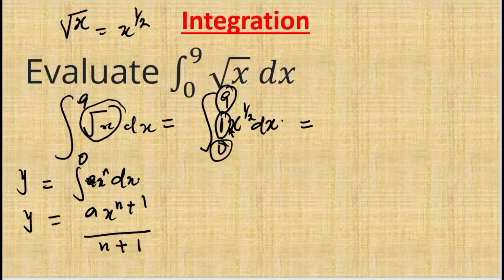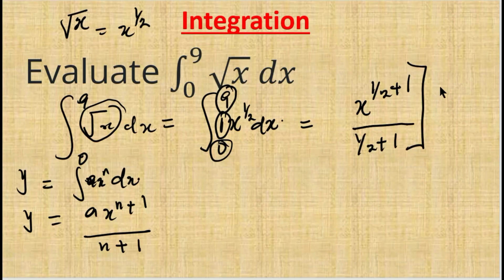There's a 1 here because that's the coefficient of x standing alone. I'll rewrite this as x raised to power half, which is my n, plus 1, all over half again plus 1. Now it is bounded between 9 and 0, plus c. There's a constant c. I omitted the constant here, but the constant will definitely give way. That's why I can omit it.